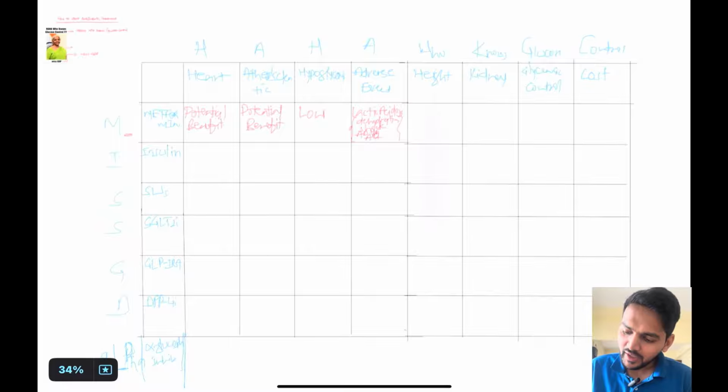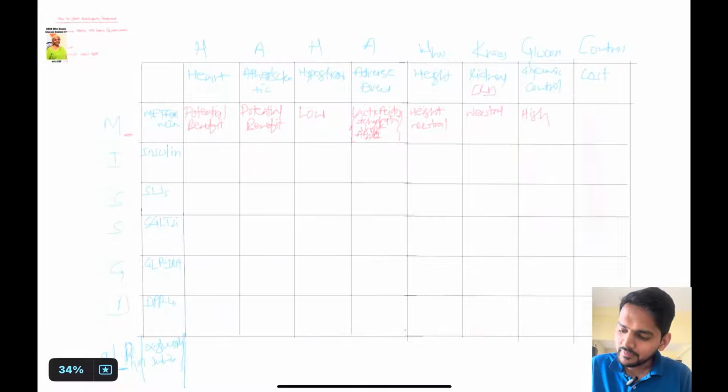And regarding weight, it is weight neutral. That is, it will not cause either weight gain or weight loss. And when it comes to kidney health, especially CKD, again it has neutral effect. Not detrimental also, not beneficial also. And glycemic control, the efficacy is very high.